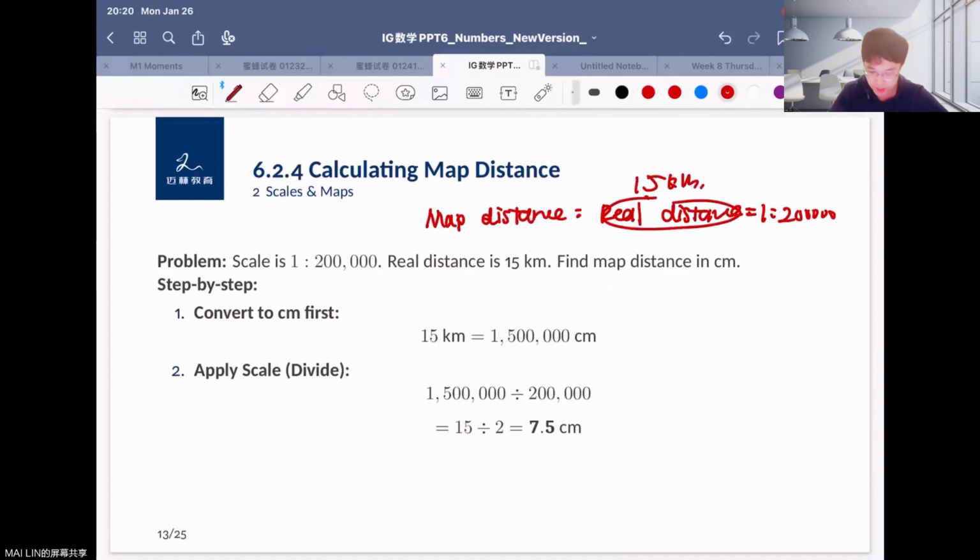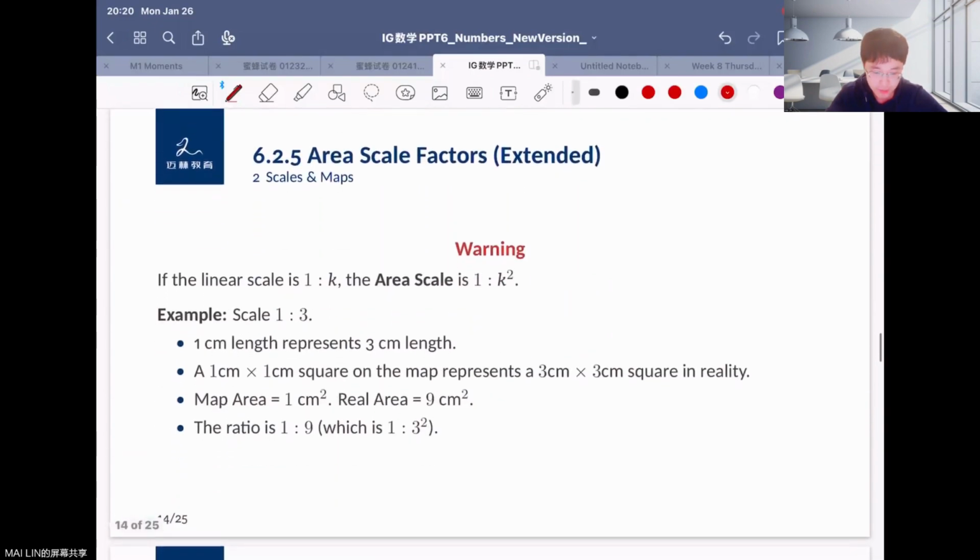Using this to calculate, you'll find the map distance is 7.5 centimeters. So 7.5 centimeters versus 15 kilometers equals 1 versus 200,000. It's very important to understand this, so we can convert from real to map and also from map to real.